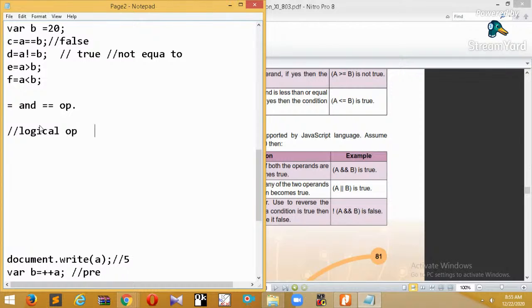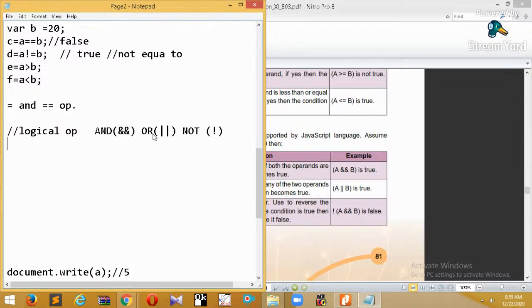There are three kinds of logical operators, namely and, or, and not. In JavaScript or Java, the symbol for the and operator is double ampersand. For the or operator, the symbol is a double line character, like parallel lines. And for not, we have already seen the exclamation symbol.